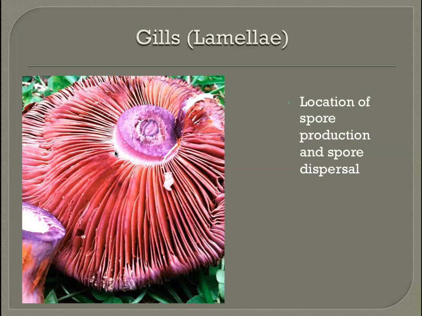This is the fertile surface of the fruiting body, also called the hymenium. Microscopically, if we were to take a cross-section, we would see images of those basidia, those structures that grow spores and then eject them from the surface.